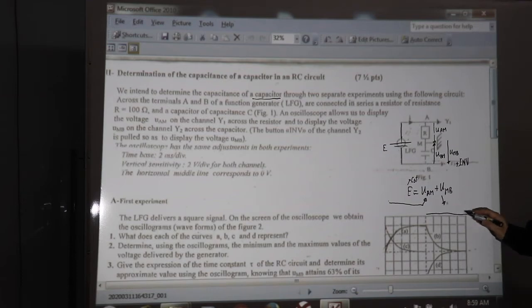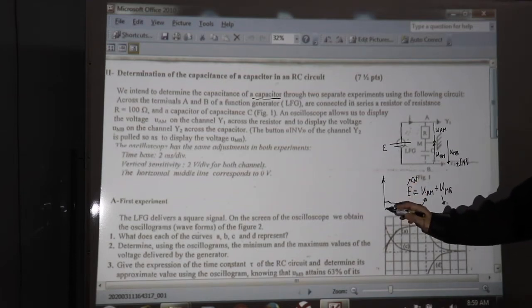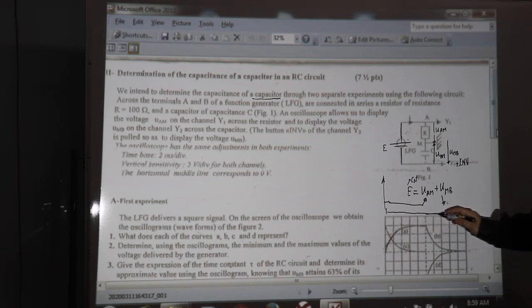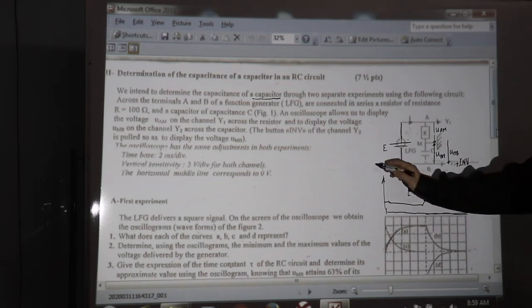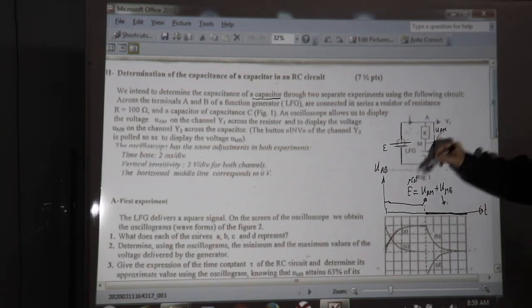This is E, this is voltage UAB. So, in the second half period, the voltage is 0, and the capacitor discharges.